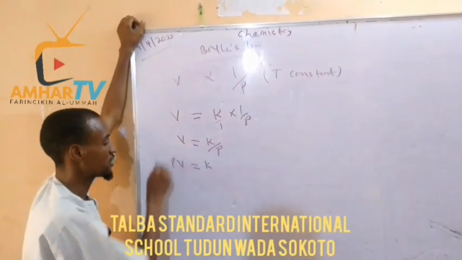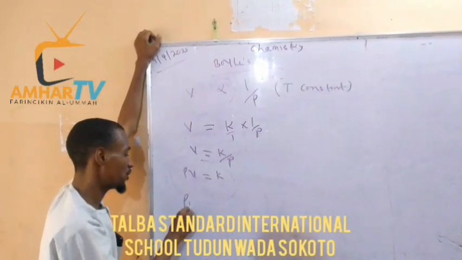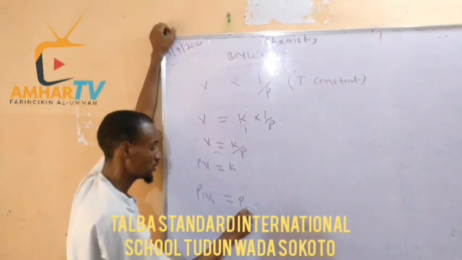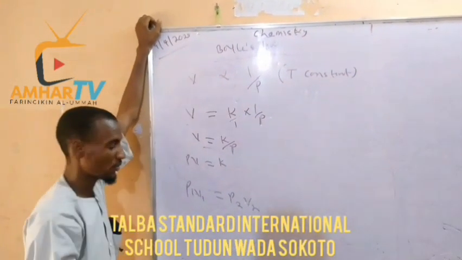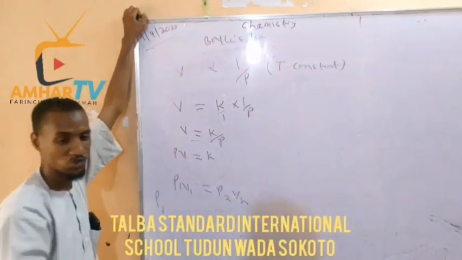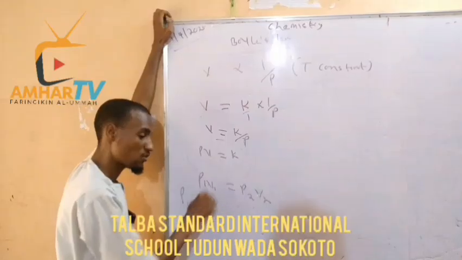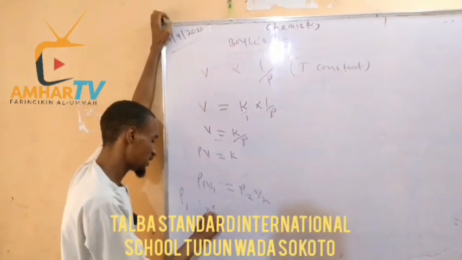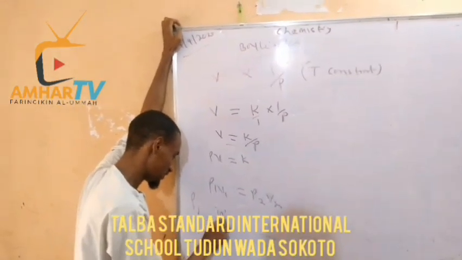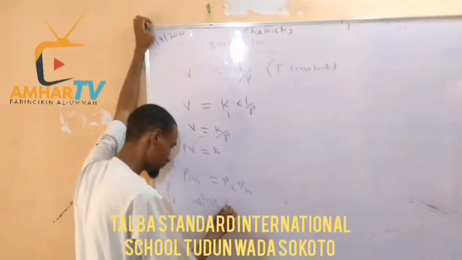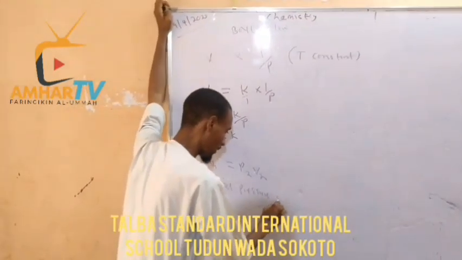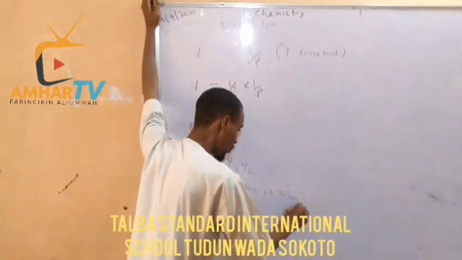Remember, on this equation we have P1V1 is equal to P2V2, where P1 is what? Initial pressure at volume 1.